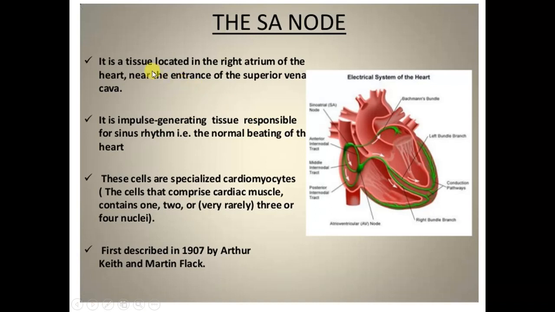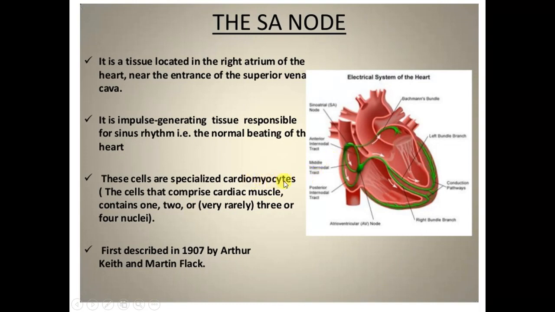It's a specialized cardiac muscle tissue located in the right atrium near the entrance of the superior vena cava. Here is the entrance of the superior vena cava, and here also will be the upper part of the sulcus terminalis. It is a pulse generating tissue responsible for the sinus rhythm of the heart, that is 70 to 80 beats per minute.